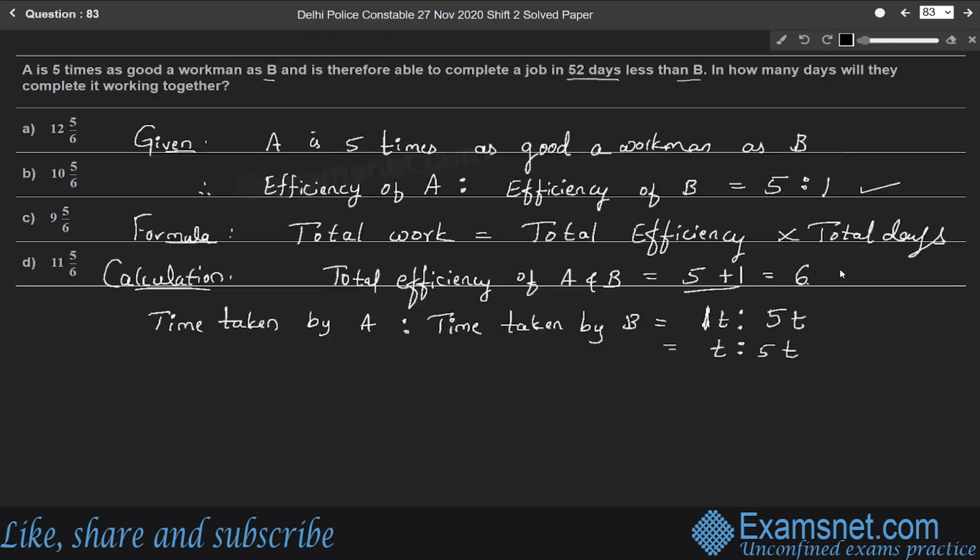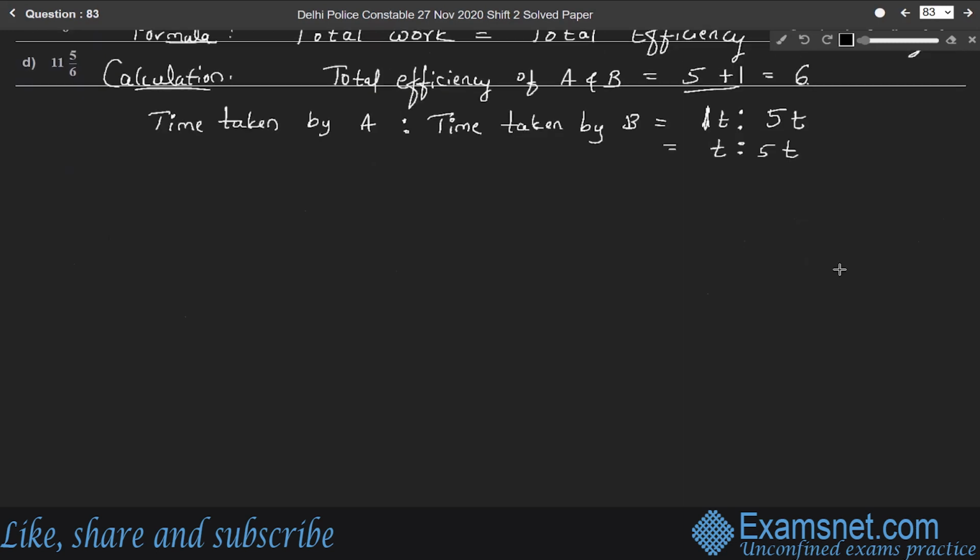So, according to the question, A is able to complete a job in 52 days less than that of B. So, the difference in the time, that is 5t minus t, time taken by B minus time taken by A to complete the work, is equal to 52 days.